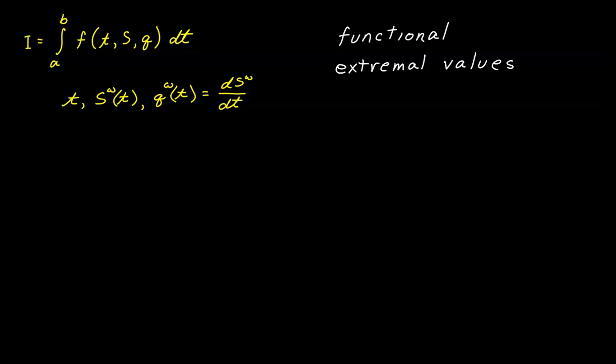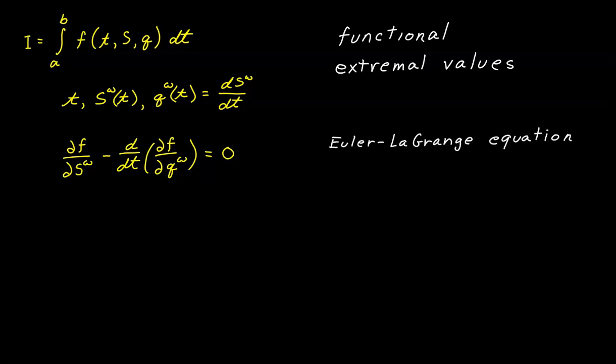In that case, we know that extremal values occur at points where the derivative of the function is equal to 0. Well, in the case of a functional, Euler and Lagrange were able to show that extremal values occur only when the function satisfies the Euler-Lagrange equation, which you see here. Functions that satisfy this equation are known as stationary paths and will produce extremal values for I.